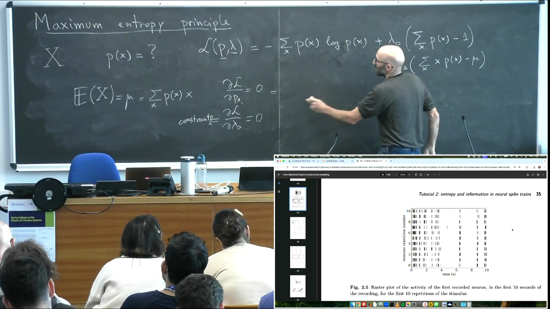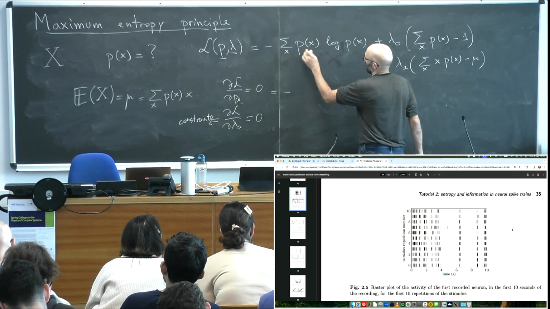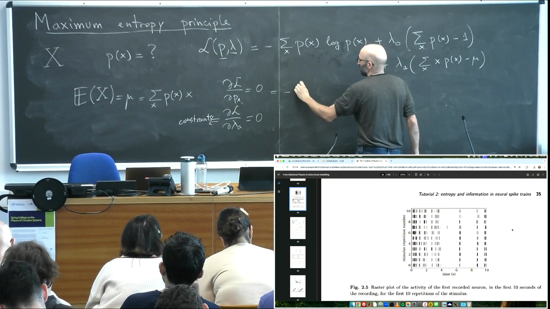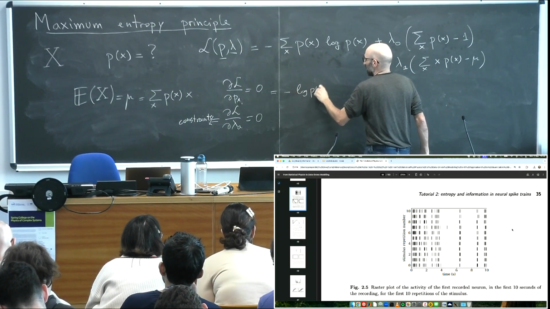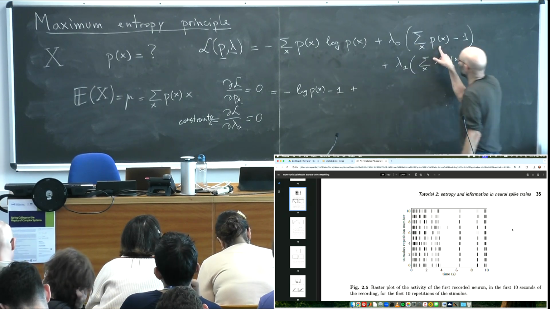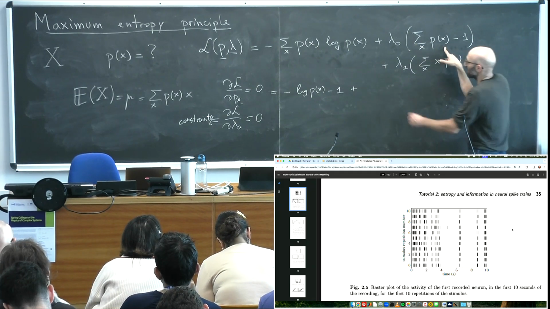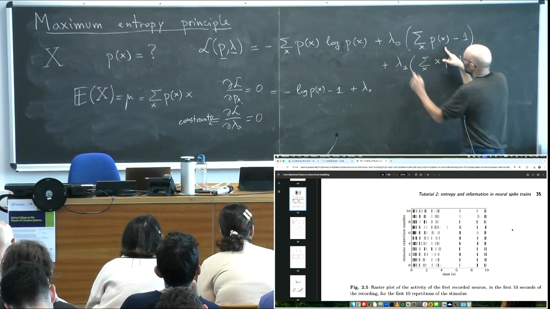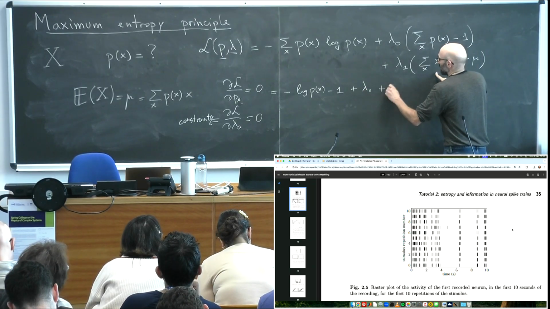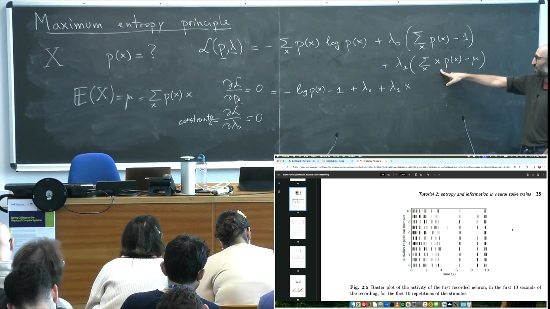So when we take the derivative with respect to p of x, here we get minus the derivative of p log p, which is log p minus 1. And then we get 1 when we take the derivative with respect to p of x. So we get lambda 0 from this term plus lambda 1 x when we take the derivative here.